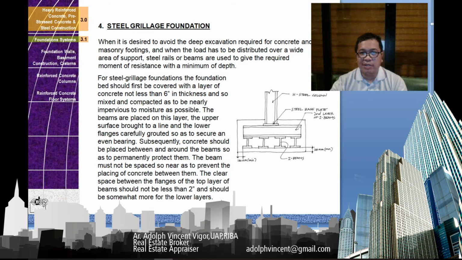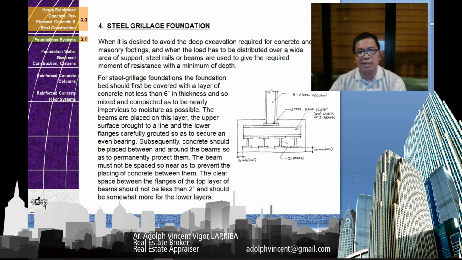Then you have what you call the steel grillage foundation. When it is desired to avoid the deep excavation required for concrete and masonry footings, and the load has to be distributed over a wide area of support, steel rails or beams are used to give the required moment of resistance with a minimum of depth.